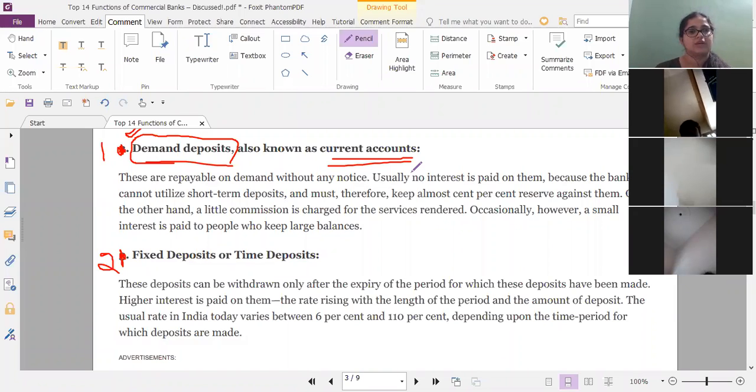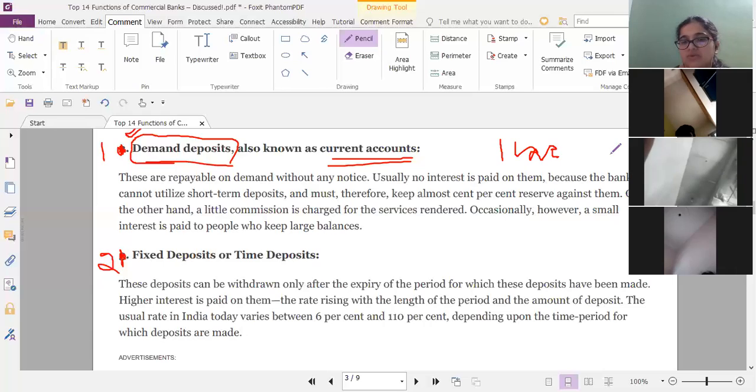Demand deposits are repayable on demand without any notice. So you don't have to give a notice to the bank saying that you are coming and need some money. Say you have deposited 1 lakh in the bank and you need 50,000 of that 1 lakh right now.